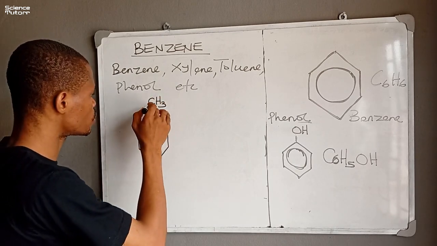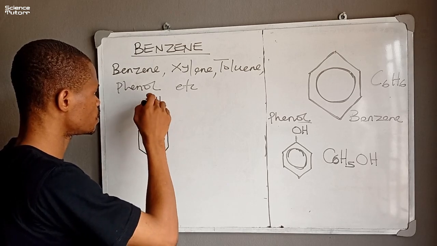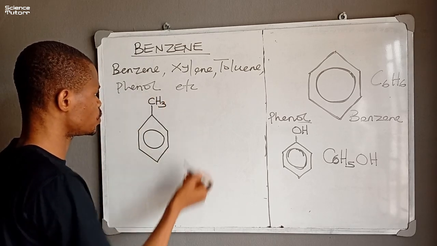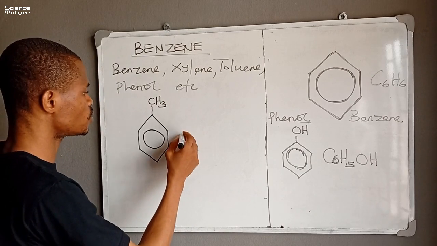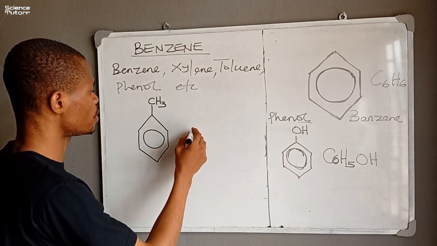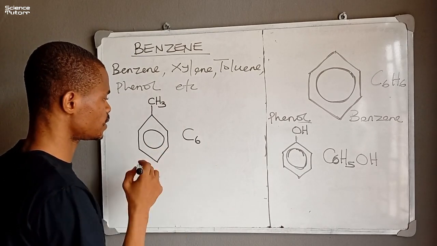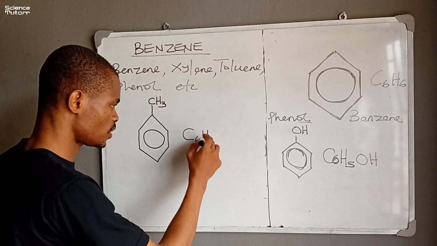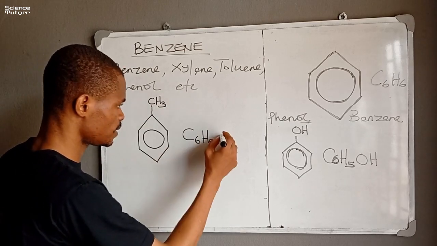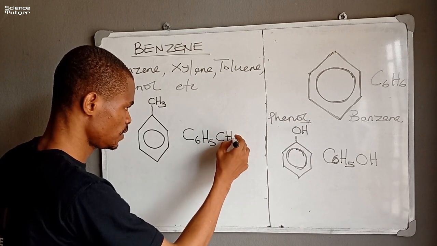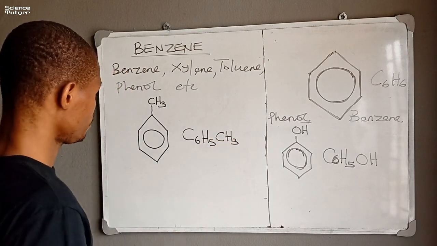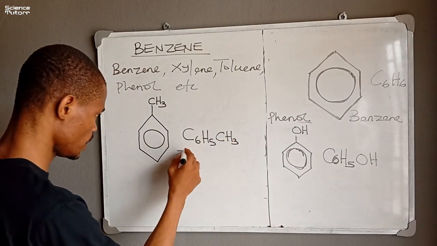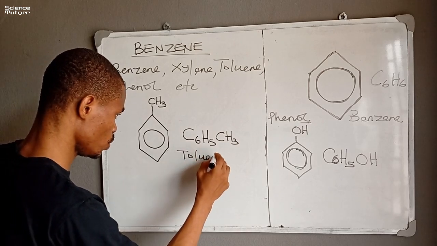So one of the hydrogen atoms is replaced by a CH3 group. So it simply means we have the compound to be C6H5CH3. That is for toluene. So this is toluene.